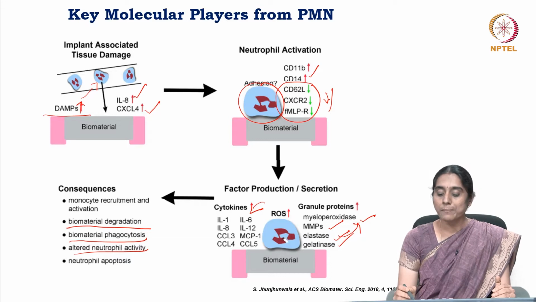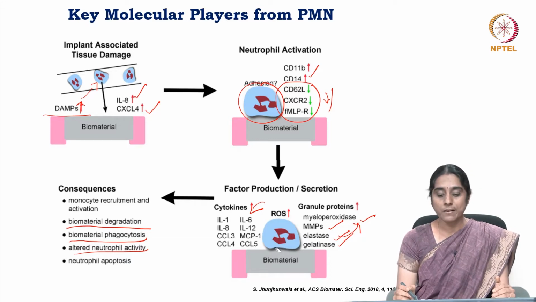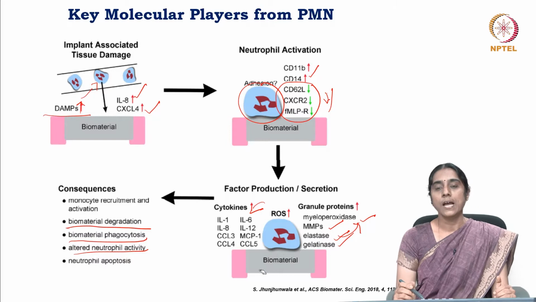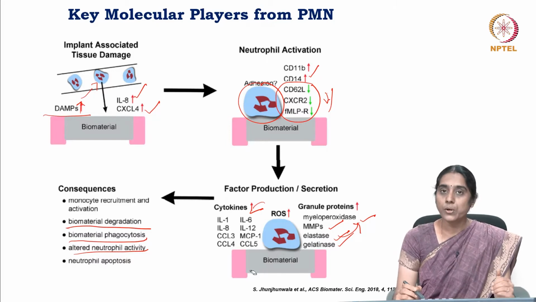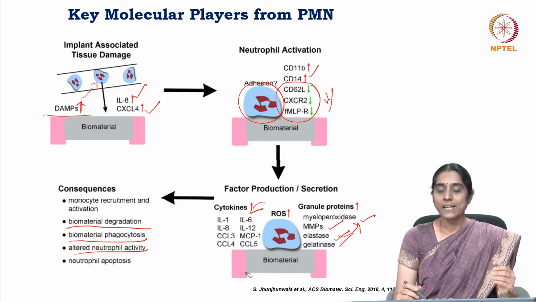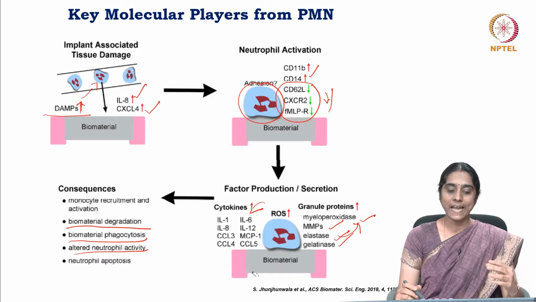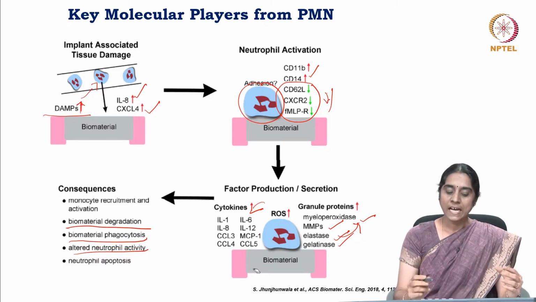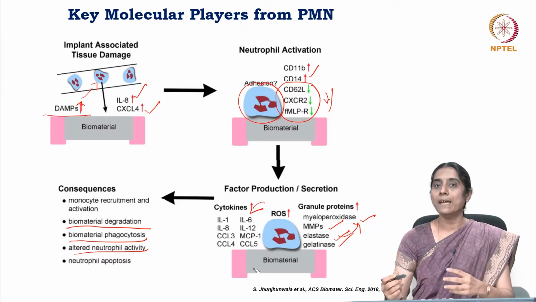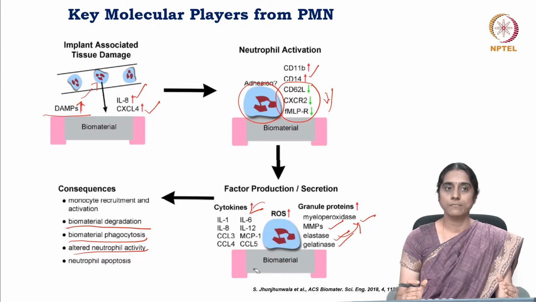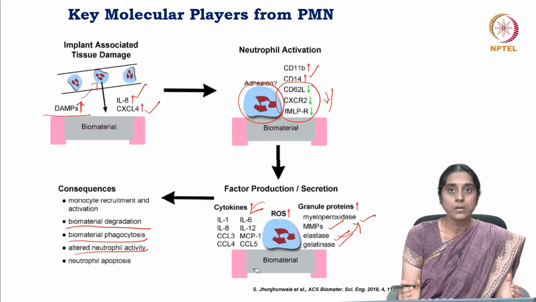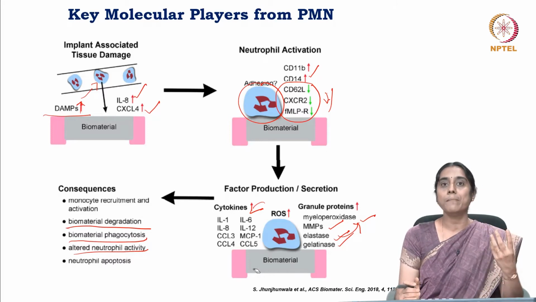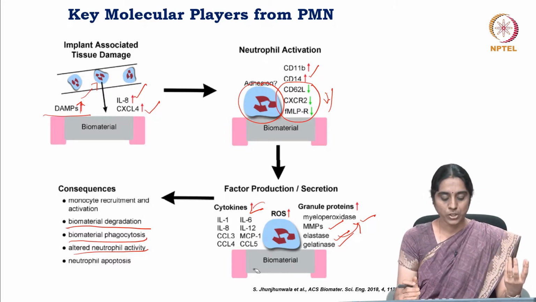If they are activated continuously, sometimes there will be exhaustion in ROS production, due to which, when there is a real infection at the site of the biomaterial implant placement, the neutrophil may not be able to kill the pathogen because of exhaustion, and there will even be biofilm formation.